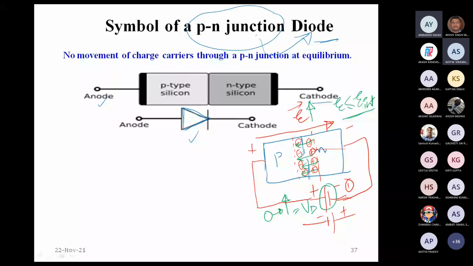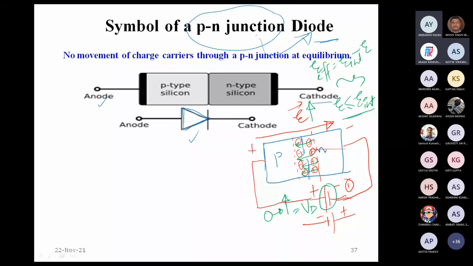Now we can talk about the effective electric field. Because the internal electric field is more than the external, we may write internal minus external, in the direction of the internal electric field.